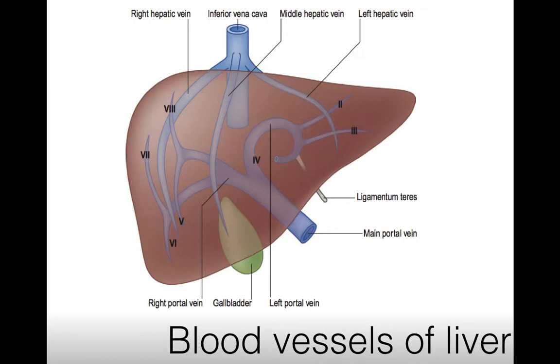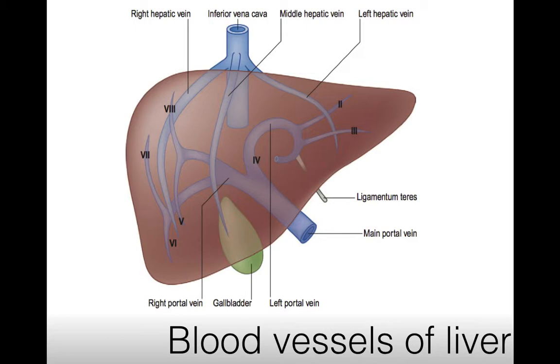I am not interested in separating into different segments, so I just separate by left lobe and right lobe, because I only need to find out the problem. I'm not a gastroenterologist. I don't need to find out S1, S2, S5, or S7.